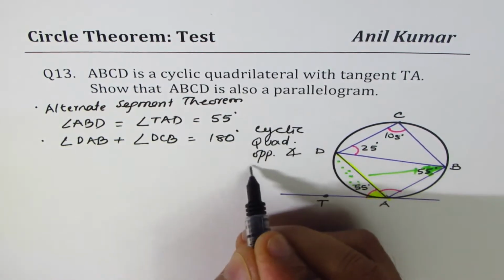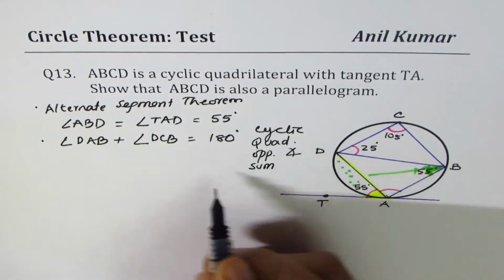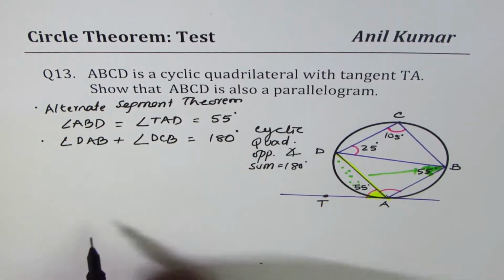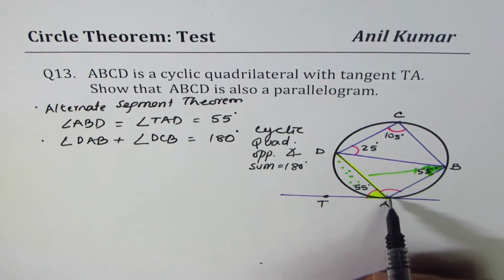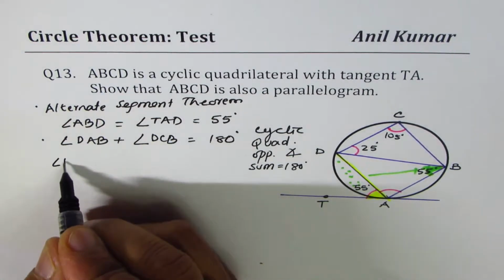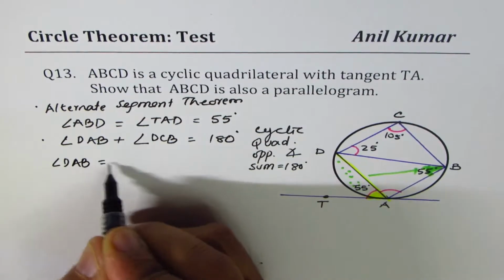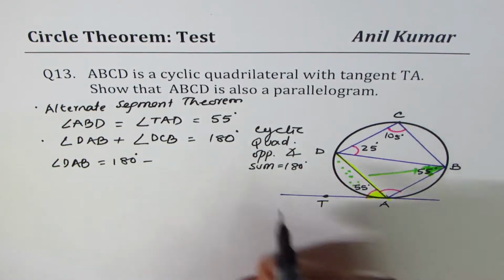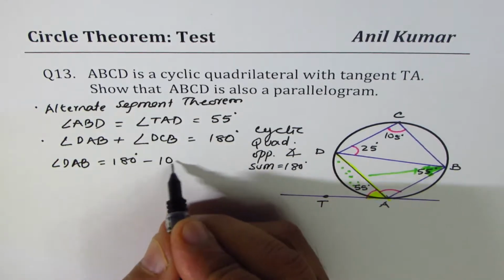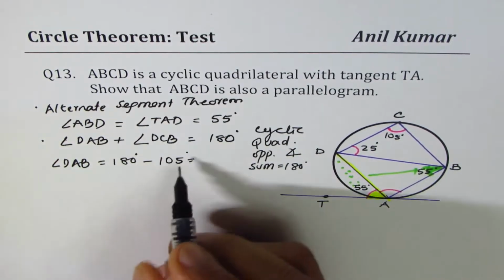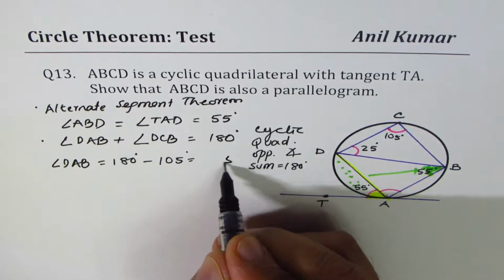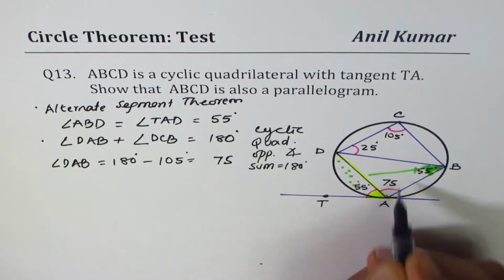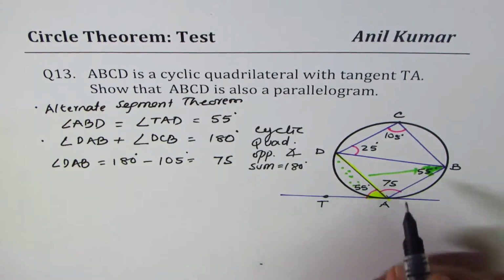Opposite angles sum is always 180, right? Now we can solve for angle A, which is angle DAB, equals 180 degrees take away, we know DCB is 105. And that gives you 75. So this angle is 75 degrees.